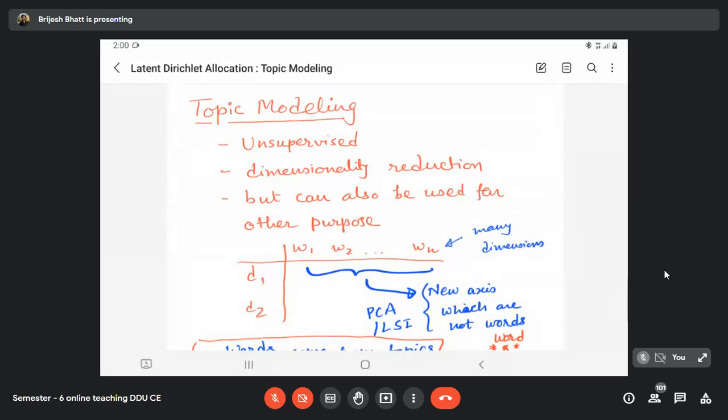So in a way, you can look at this as a clustering technique where you want to group the documents into different topics. But the catch here is that one document can belong to more than one topic. And similarly, one word can belong to more than one topic. Let us see some example of this.